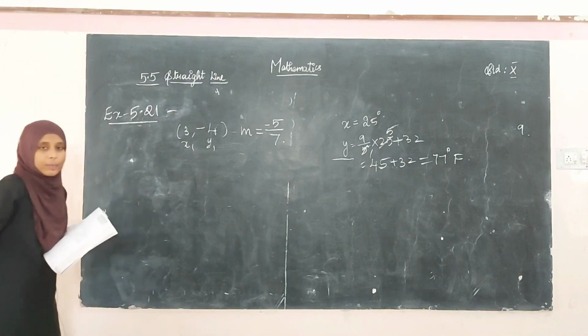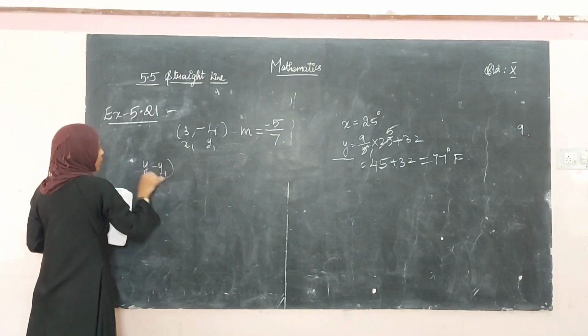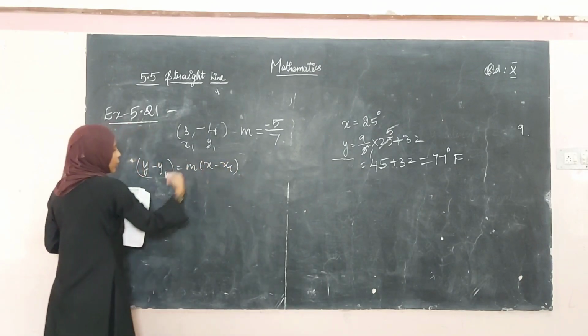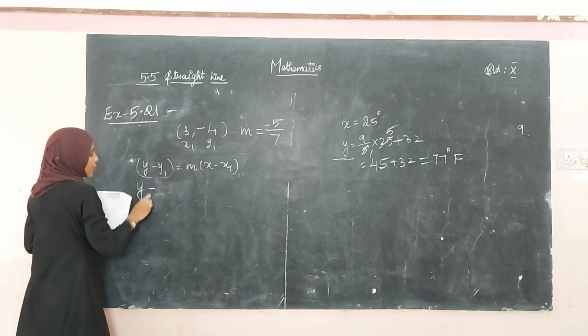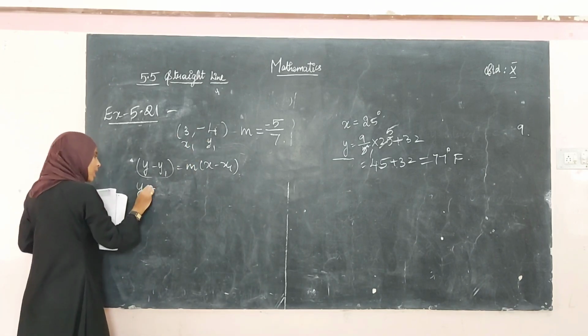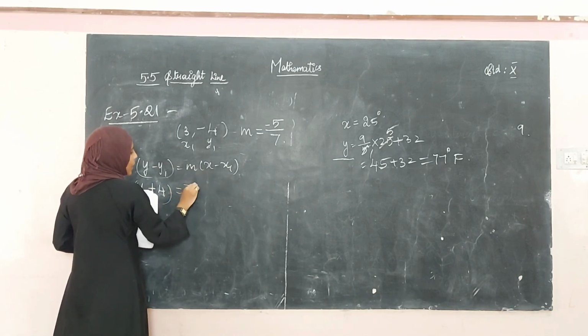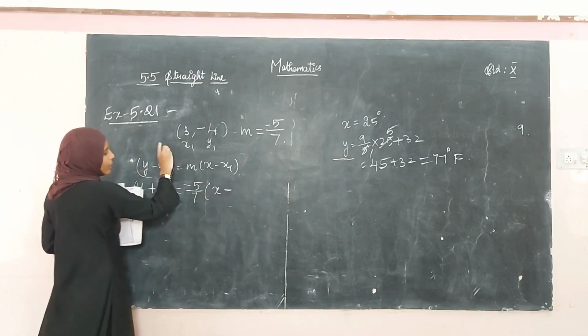Now we have to find the equation of this straight line. How can you find it? Using the formula y minus y1 equal to m into x minus x1. Right, substitute the values. y minus, what's the value of y1? It is minus 4. So minus of minus 4 becomes plus 4. y plus 4 is equal to, what is the value of m? m is minus 5 divided by 7 into x minus, what is x1 value? It is 3.